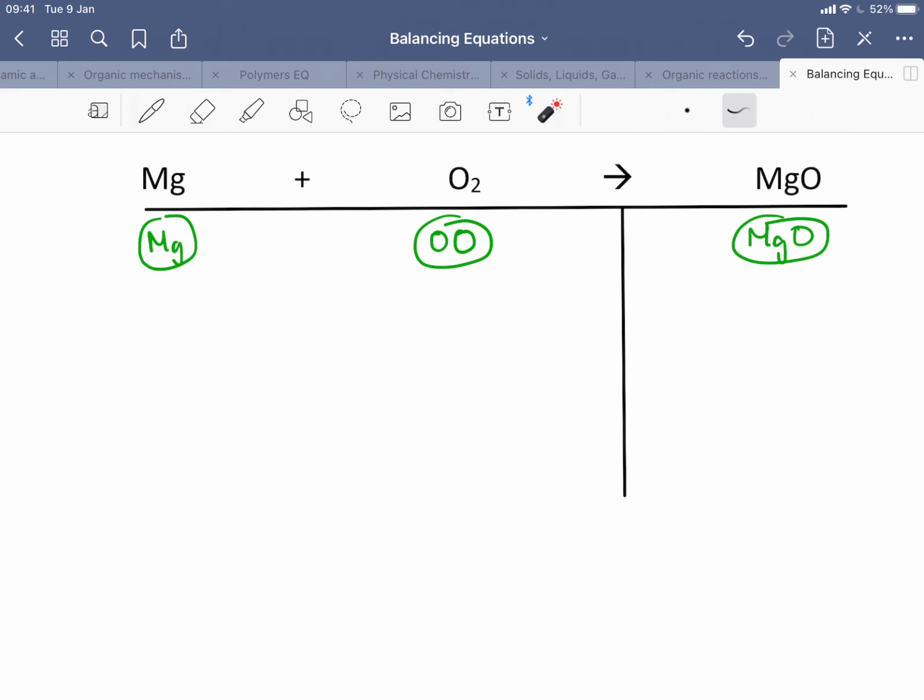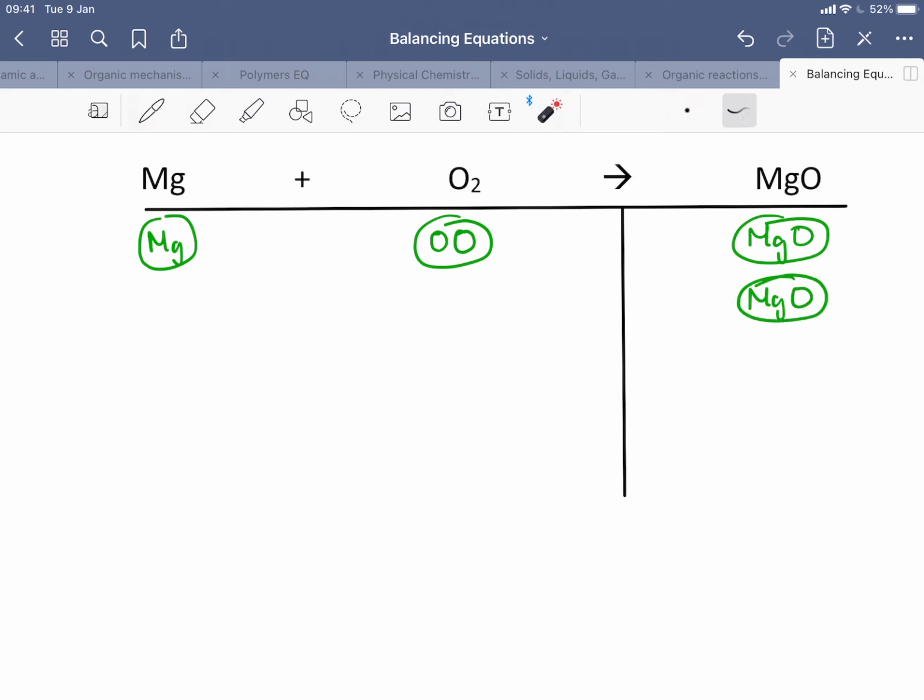Okay, so I've got 1 magnesium on the left, 1 magnesium on the right, that's great. I've got 2 oxygens on the left, I've got 1 on the right. So I need to have another oxygen on the right. The only thing I can do is to add another bubble. So that's another MgO.